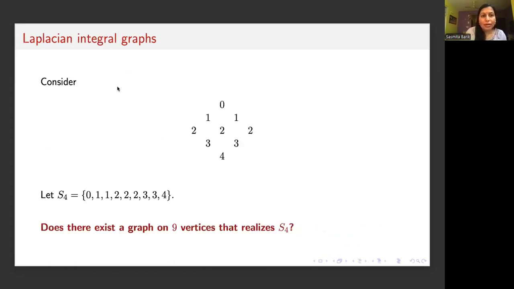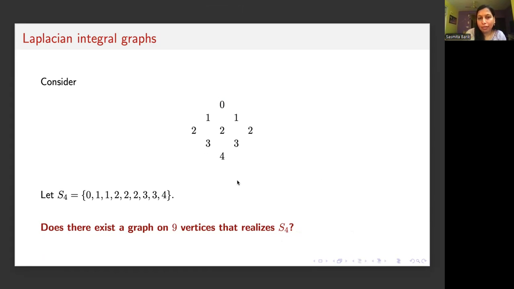Now, another thing that I can connect from here, that is, let's say you are taking these numbers. So I have arranged them in this way. You start with 0, and then you put two ones, 1 and 1, and then put 3, because I want to make the picture in this way. So you put 2, 2, 2, and then you put 3, 3, and then you put 4.